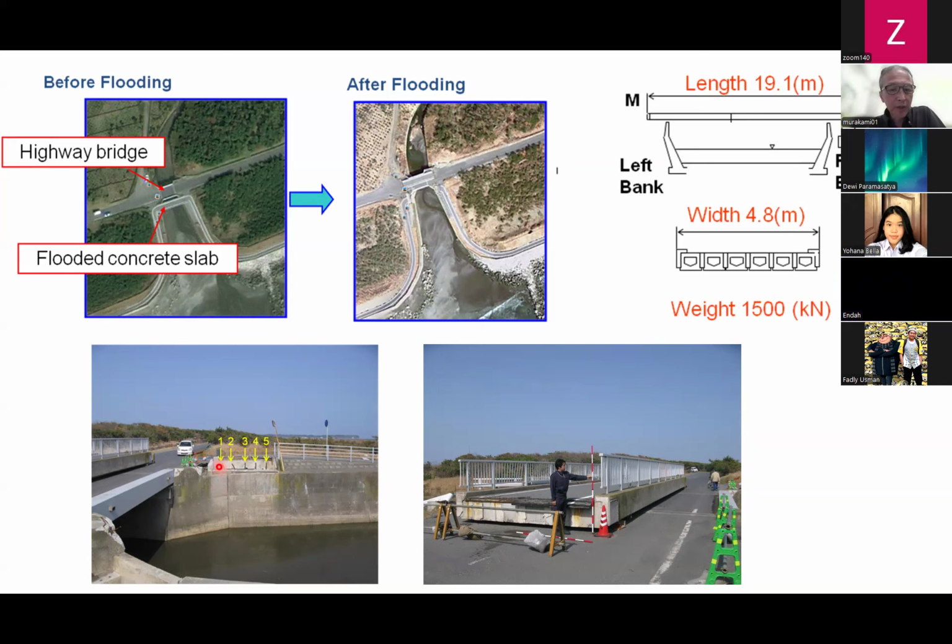The bridge was fixed with anchors number 1, 2, 3, 4, 5 here. And the bridge has a 4.8 meter width and 19 meter length, and the weight is 1,500 kilonewton. Okay.